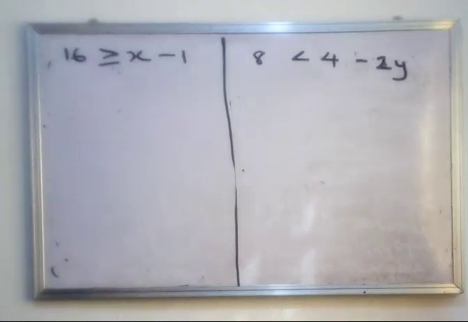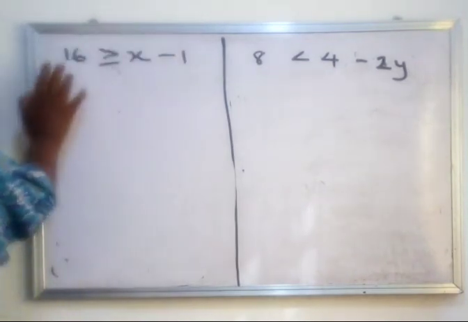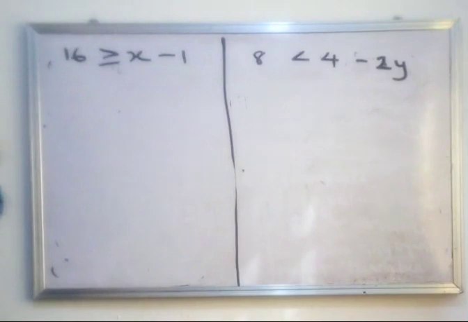Now let's move to solving the equations. The first inequality says 16 is greater than or equal to x minus 1. So just the way we solve our normal regular equations, we need to collect like terms, and that implies that minus 1 needs to go out to meet 16, which is its like term.